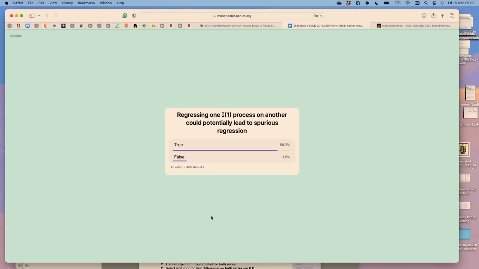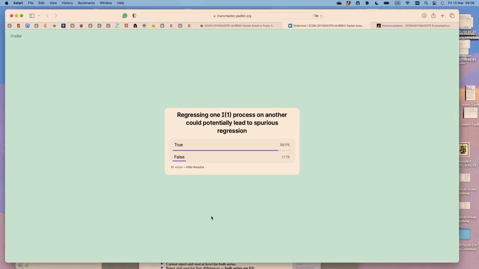When we regress one I1 process on another, we never really know whether we run into a spurious regression or not, because in reality, we never know whether two processes are indeed independent or not. So there's always a chance that we encounter spurious regression.